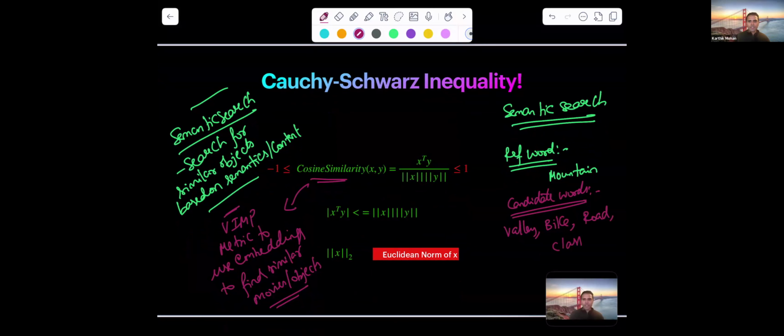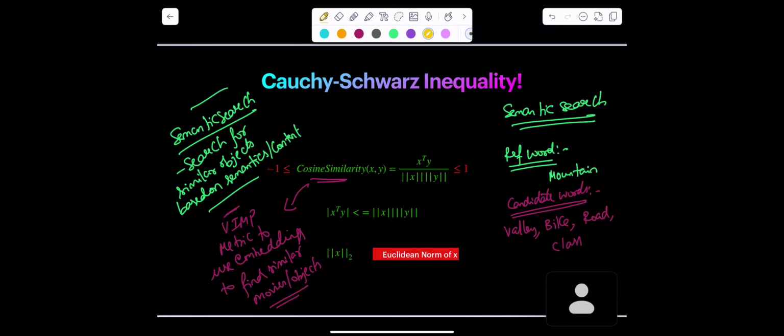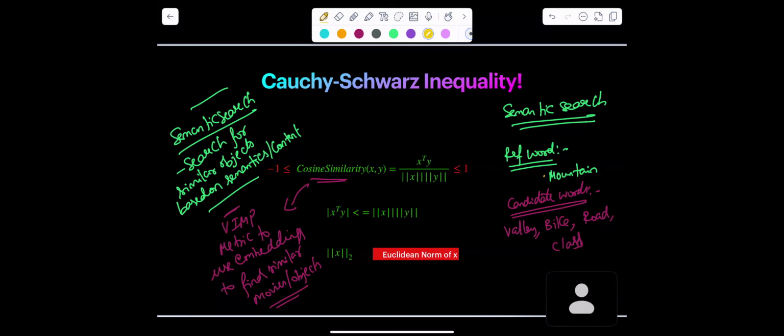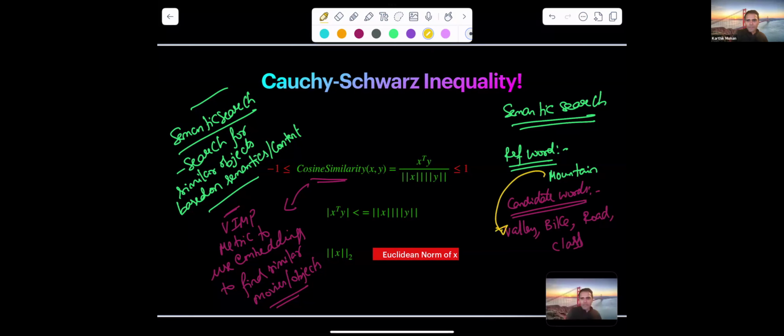So now given the reference word, which candidate word would you say is closest to the reference word? What is the last one? Is it valley, bike, road, and the last one? Last one is class. You can just call it out. What would be the closest to mountain? Valley. Valley, right? So this is semantic understanding.